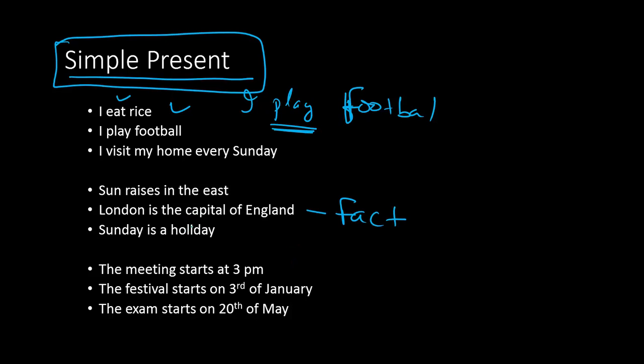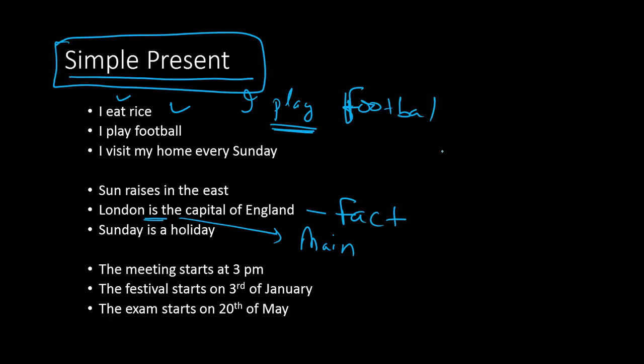Now you might be wondering, how is this a simple present when we haven't really used a verb? Well, we actually have used a verb in this sentence. So "is" is the verb, or the main verb here. Often this is confused, that people think that "is" is not a main verb, it is an auxiliary verb, but it can also be used as a main verb, and it has been used as a main verb here.